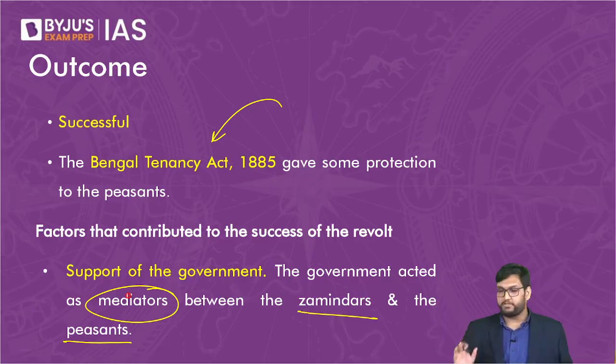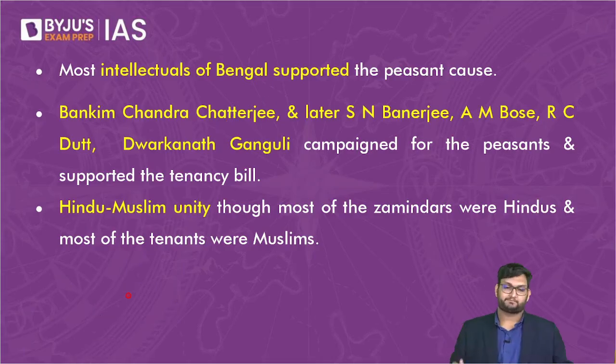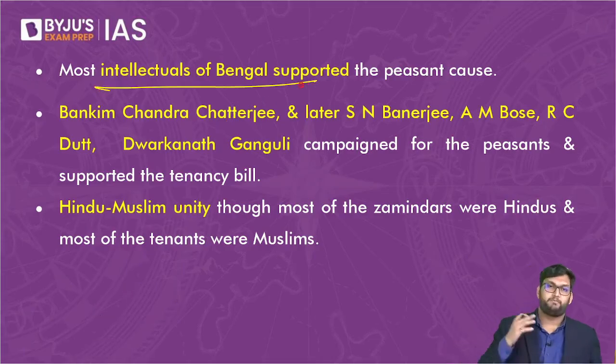But the basic point is, when we talk about Pabna, intellectuals from Bengal are going to support this movement. You have Bankim Chandra Chatterjee, S.N. Banerjee, A.M. Bose, R.C. Dutt, Dwarka Nath Ganguly, all will help the peasants and support the tenancy bill itself.